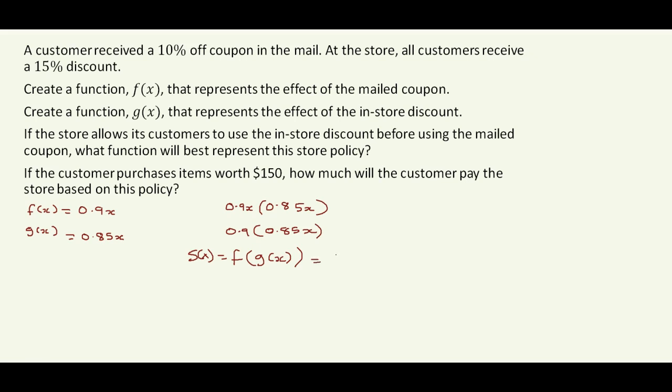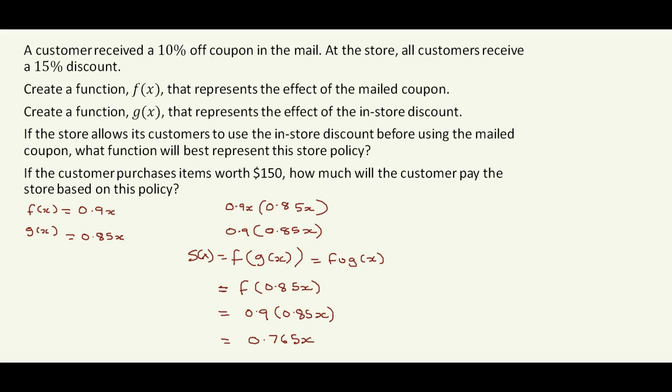So this is the same as f o g of x, which is going to give us f of g of x, where g of x is 0.85x, so we have 0.9 multiplied by 0.85x. So this is going to give us 0.765x.